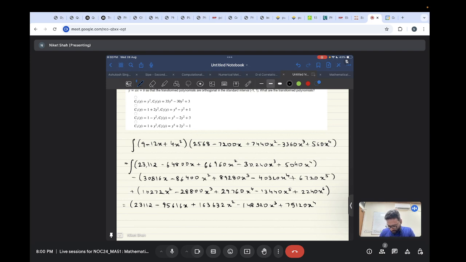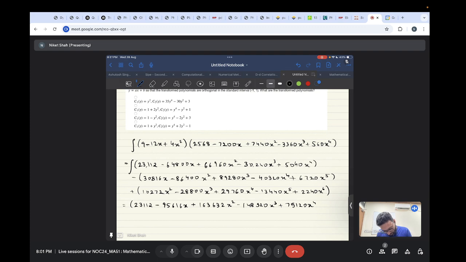With a negative sign, 6720 plus, because there's a negative sign both, 6720 plus x power 5 is 13440.